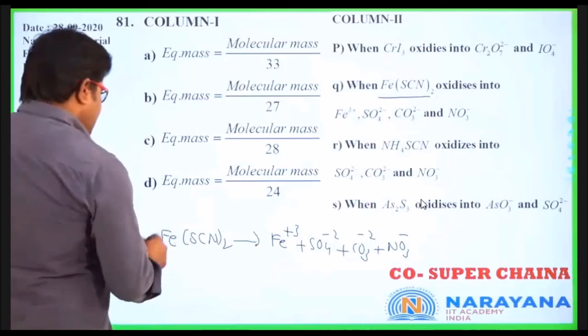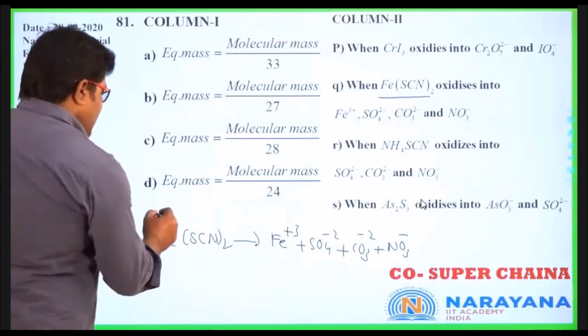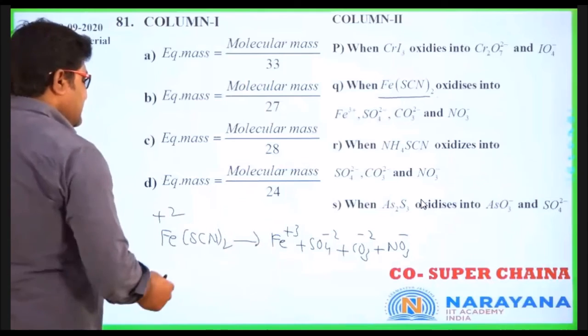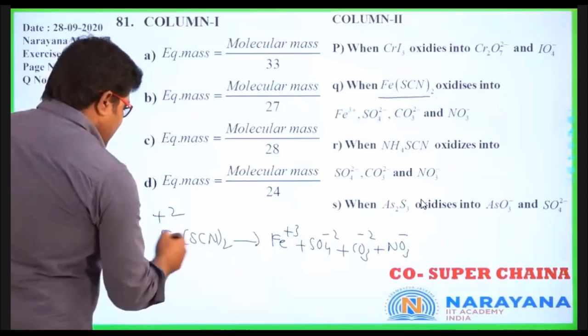Okay, we can take change here. Fe is in +2 oxidation state. SCN taken twice here.